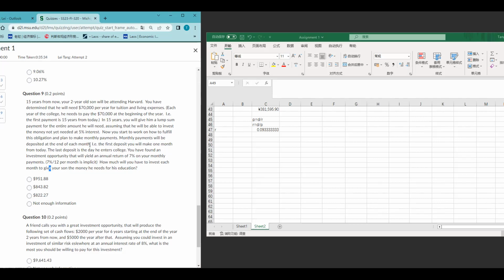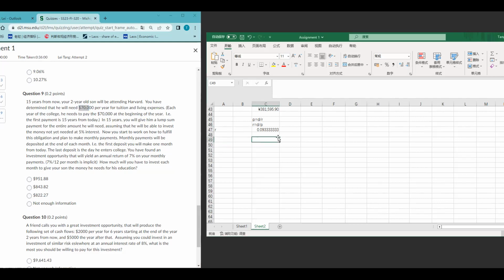First thing we need to figure out is the 4-year tuition and living expenses. We need to figure out the present value of the 4-year tuition and living expenses, right? Because money is going to change.